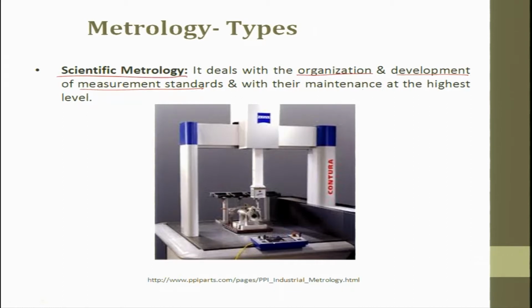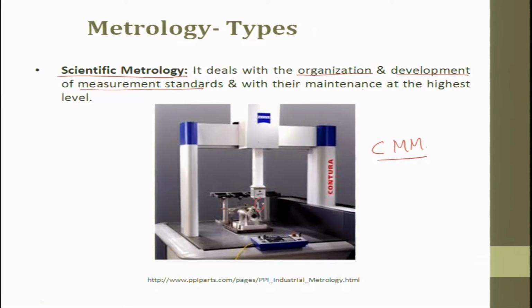This is an example of a coordinate measuring machine, CMM, wherein there is a pump housing kept. These are 2 columns, in between you have a bridge. In the bridge you have an arm which is resting.